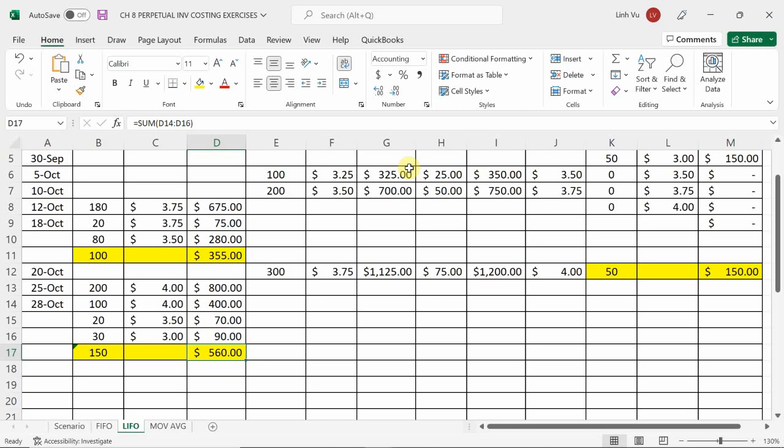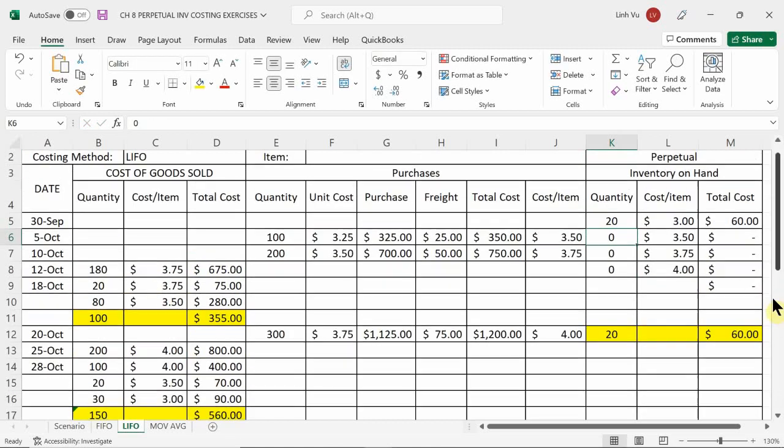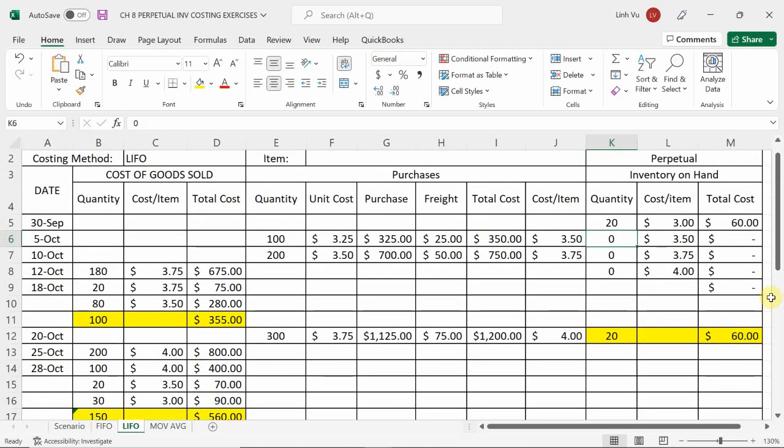So I have to update my inventory one more time because I no longer have 50. I have 20, which is true, right? Because it said October 31st, you should have a total of 20 units left at $3. So in this case, I have to carry this over into my next inventory worksheet.